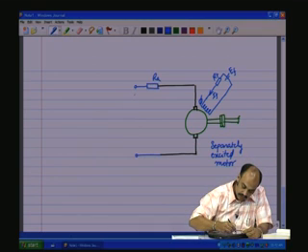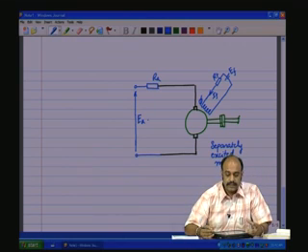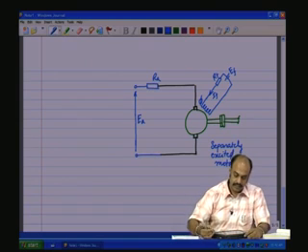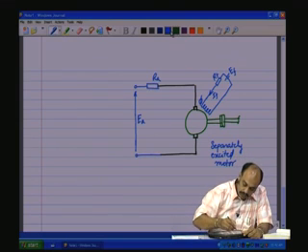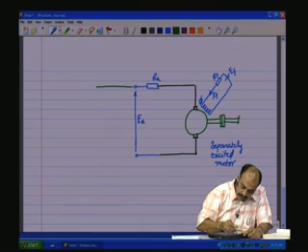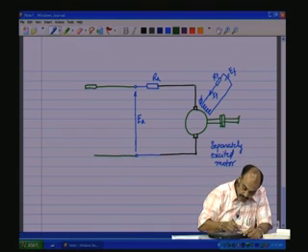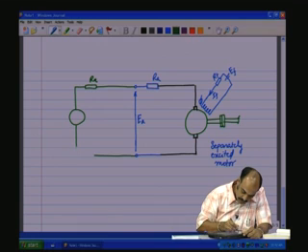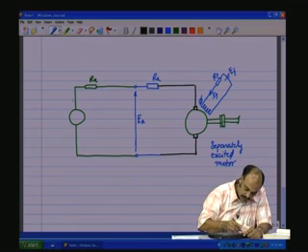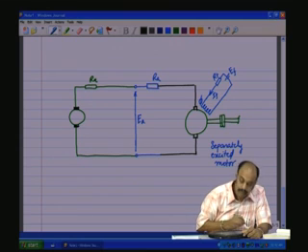Now, we need to apply an armature voltage EA that is capable of being varied, a DC voltage. So, to the terminals here, let us connect a generator which has its own RA, which comes from another similar machine, but it is being operated in the generator mode.